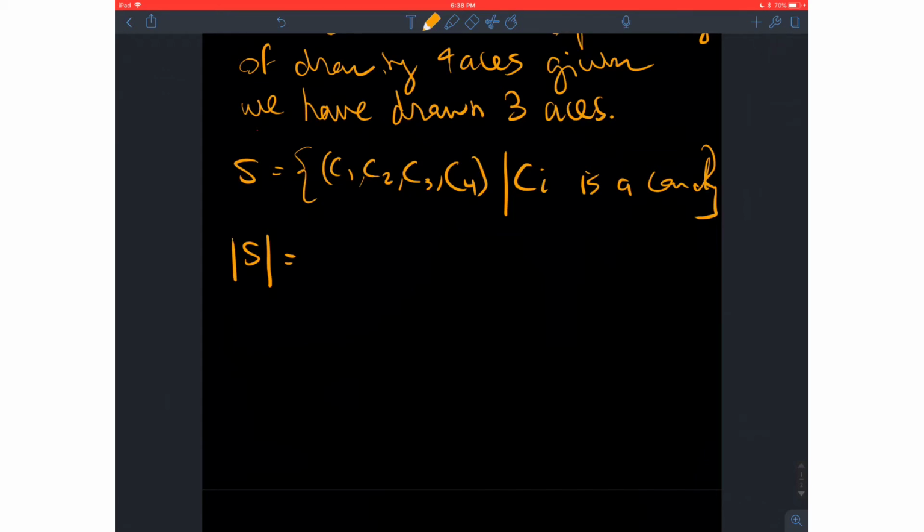And so, well, how many possibilities do you have for drawing the first card? Well, there are 52 cards.